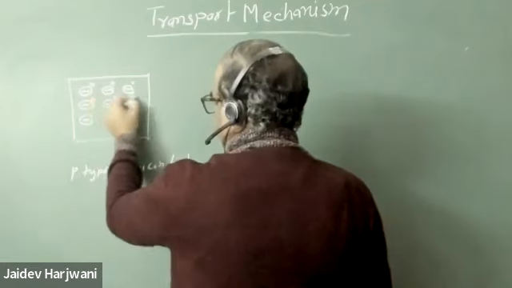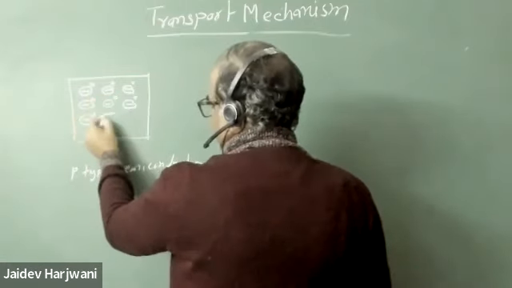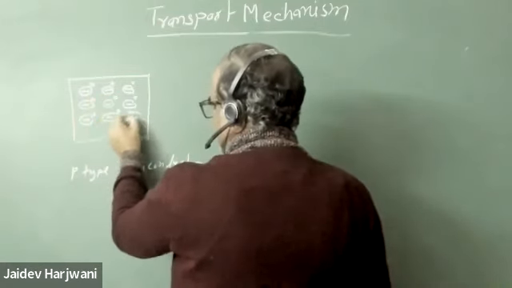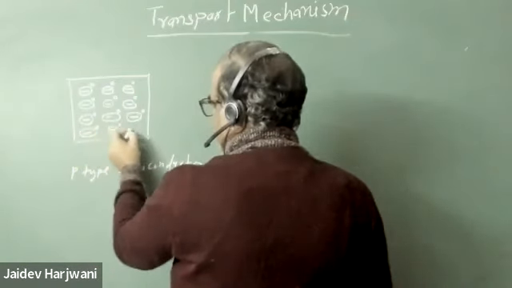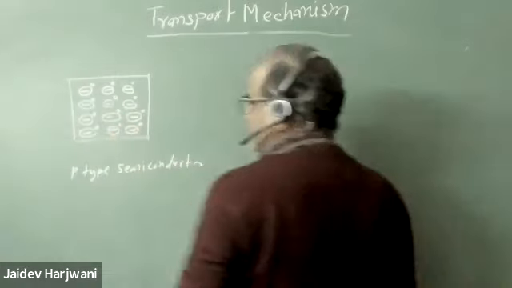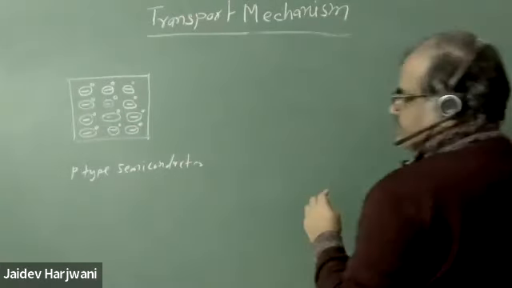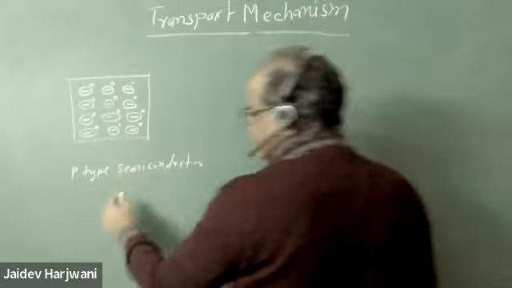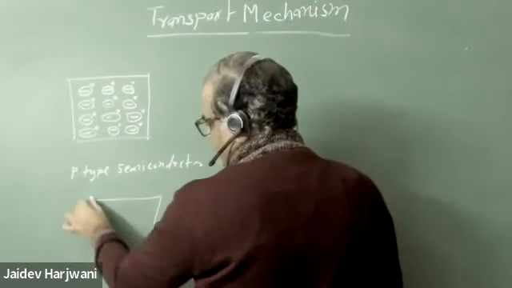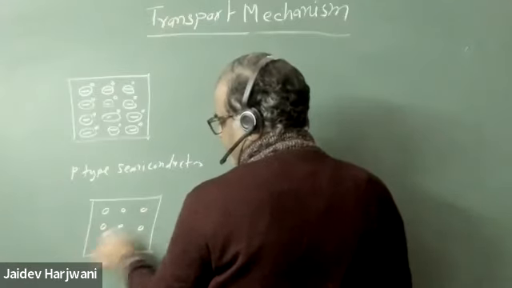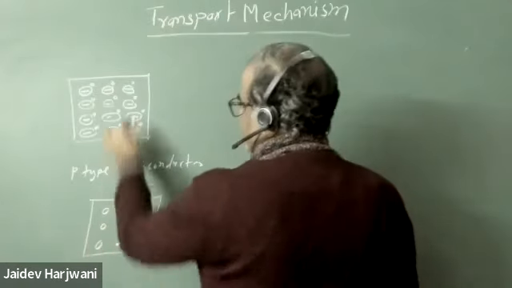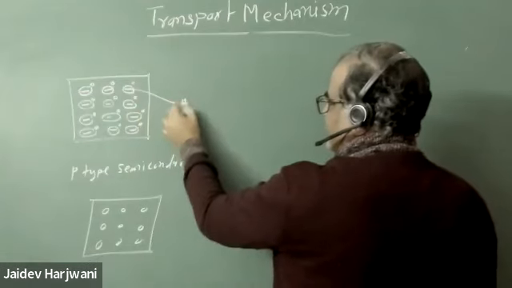So the resultant p-type material is neutral, but it has acceptor-type impurities. So acceptors become negatively charged. Either you represent it like this, or you can also represent a p-type material by just holes, because they have excess of holes. So this is an acceptor impurity.